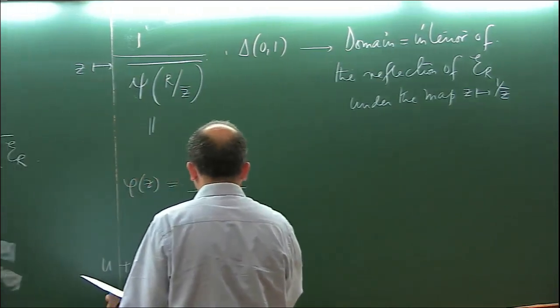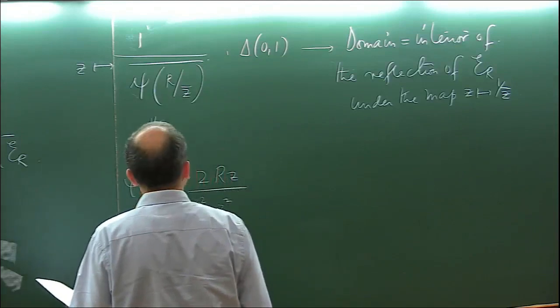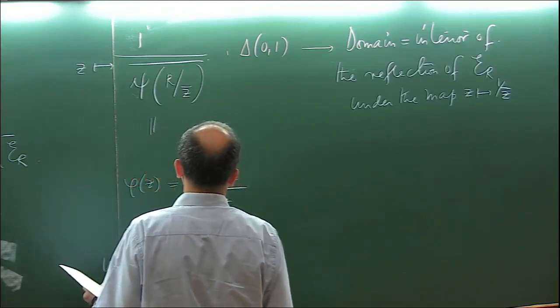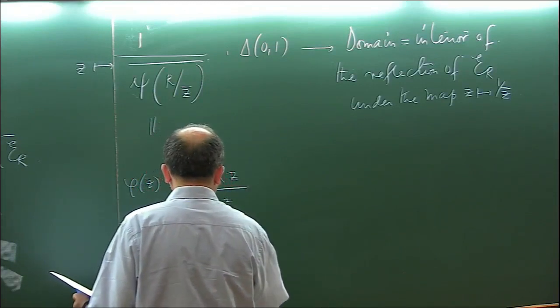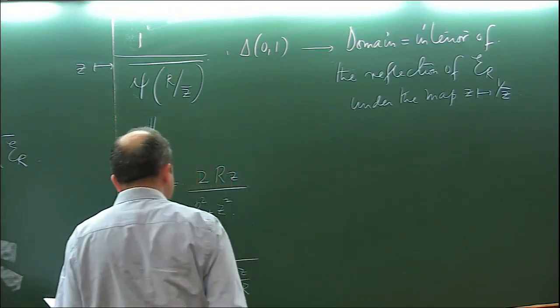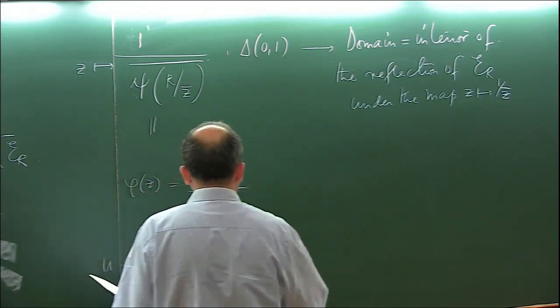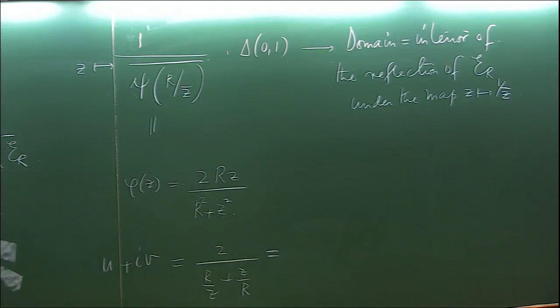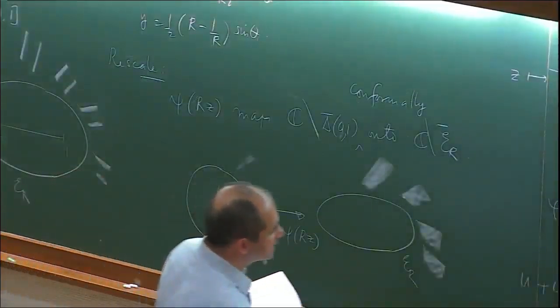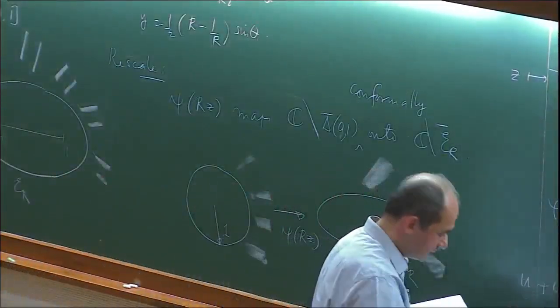So this is 2 divided by, so this is r by z plus z by r. And I want to eliminate the z variables, get an equation in u and v here.